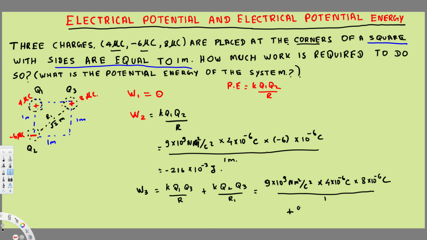That is 9 times 10 to the power of 9 Newton meter square per Coulomb square times Q2, that is minus 6 times 10 to the power of minus 6 Coulomb, times Q3, that is 8 times 10 to the power of minus 6 Coulomb, divided by the new distance, that is root 2 meter.